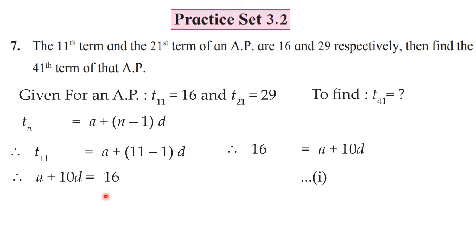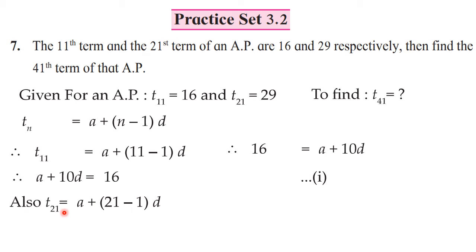Similarly, we can frame one more linear equation by using the second data, that is T21 is equal to 29. Now here we will replace n by 21 both the places. Because this is a new thing we are starting, we are not continuing from the previous step, so write down the word 'and' or 'also'.